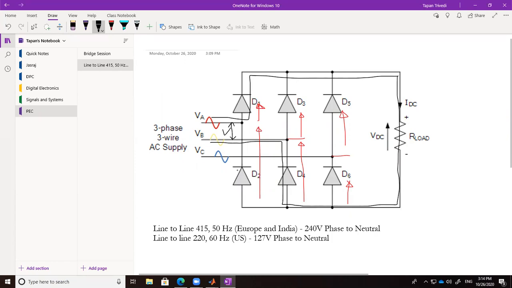And once one diode of the upper combination conducts, then remaining two diodes will be not conducting, or they will be reverse biased. And similarly, if here D4 conducts, D2 and D6 will be reverse biased. We will talk about this later in detail, when we discuss the theory of three-phase uncontrolled rectifier.